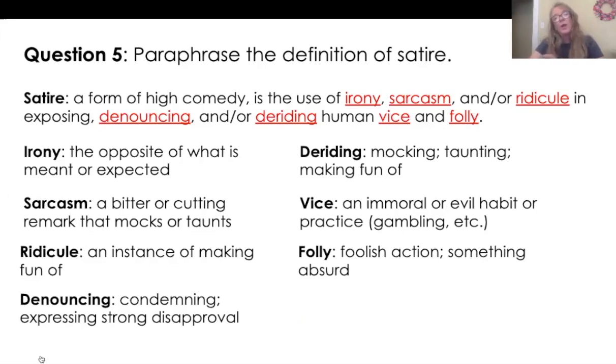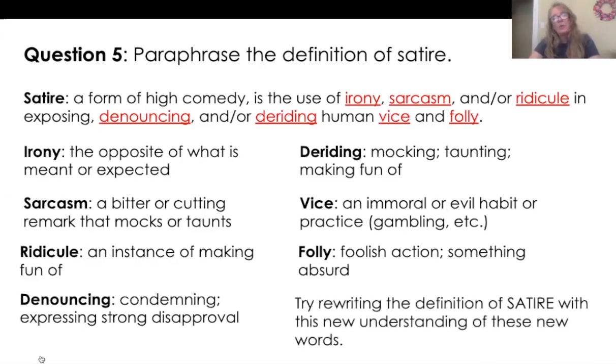So if we were to go back and try to rewrite the definition of satire, even if you just verbally do it with a new understanding of these new words, see if that definition doesn't stick a little better with you. So stop the video here, practice, write out a couple different sentences, try them out, see what you come up with.